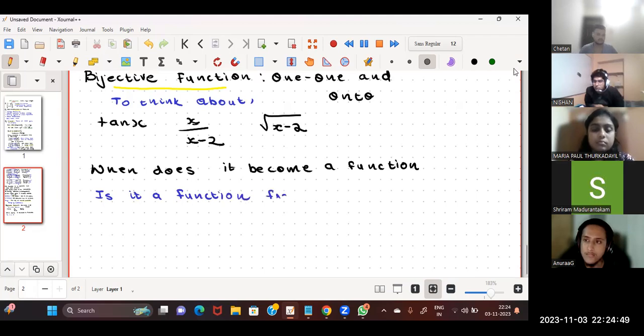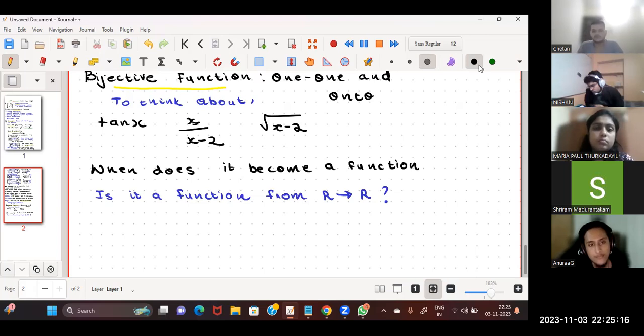But I said that your function doesn't say no to you. Yes, Shriram, continue. You were saying something. Yeah, exactly right. You have to take anything but tan 90 and the multiples of it. Similarly, for the second function, you can take any other value other than 2 because it's not defined at 2.